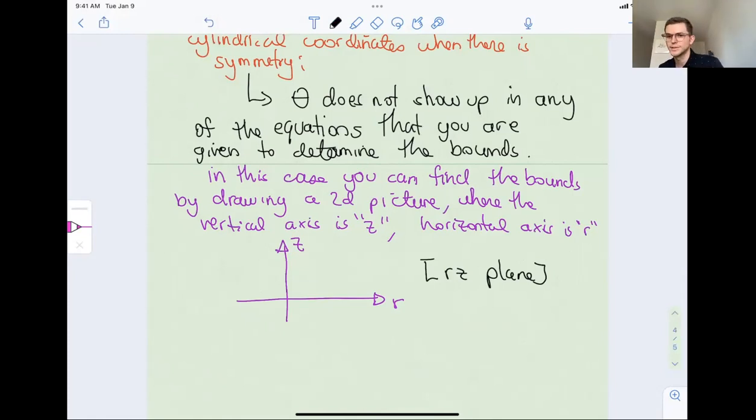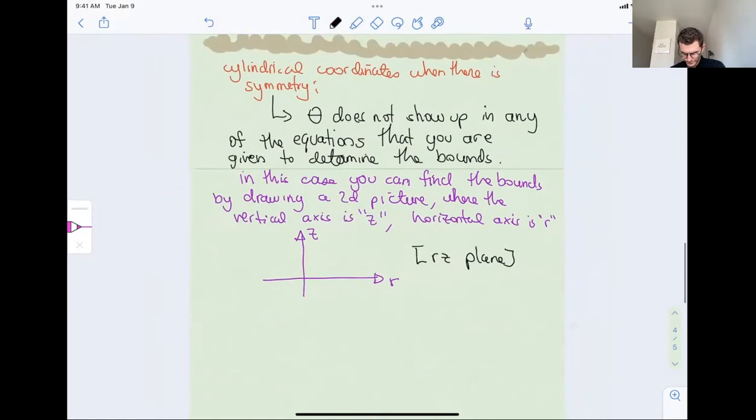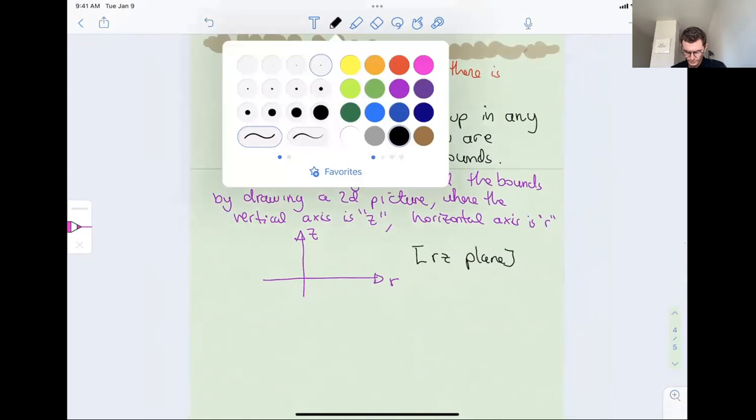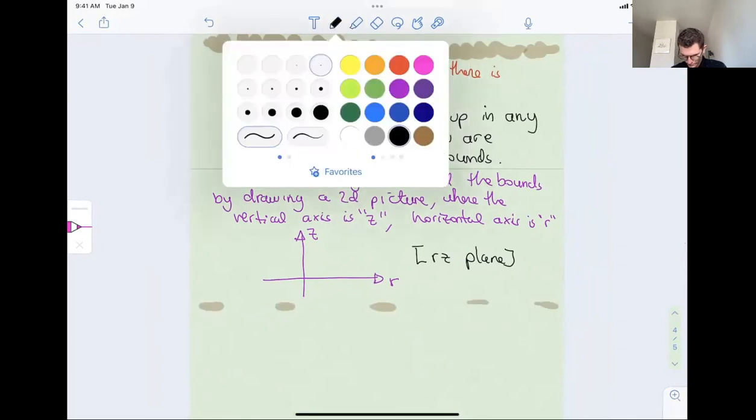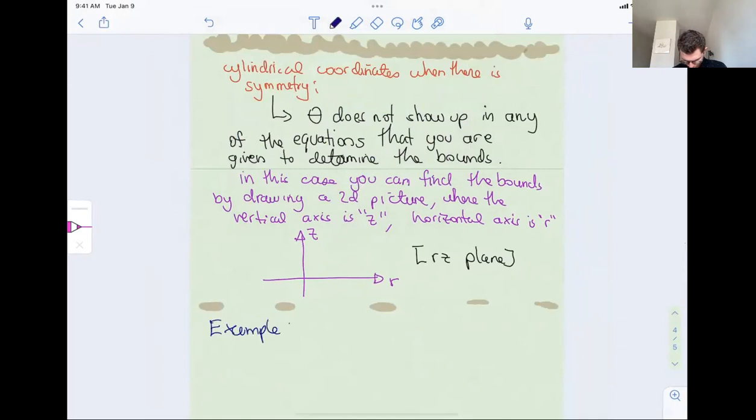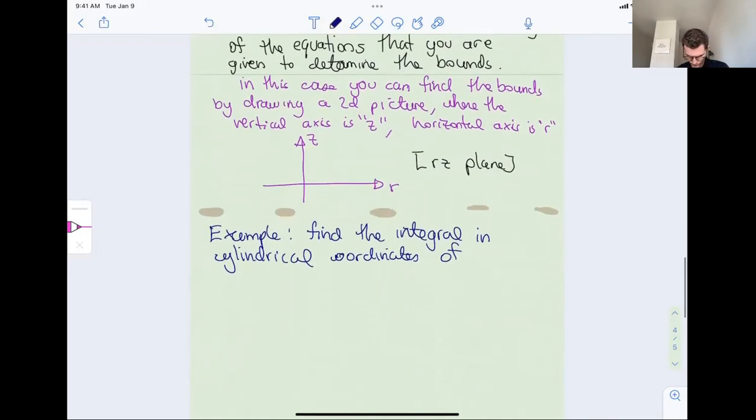So let's try to work this out, where R is the region.